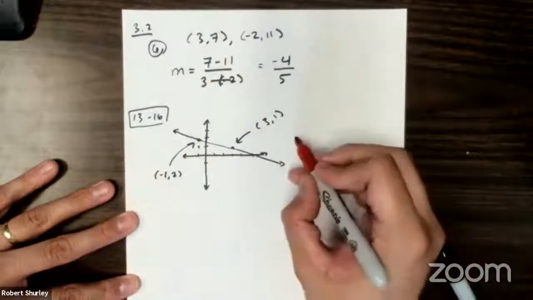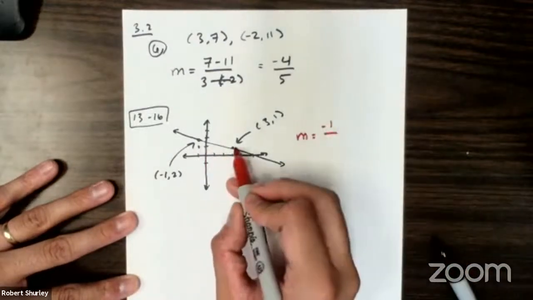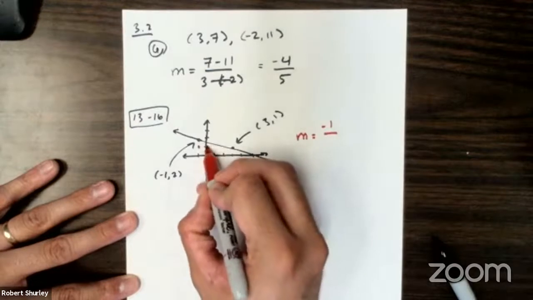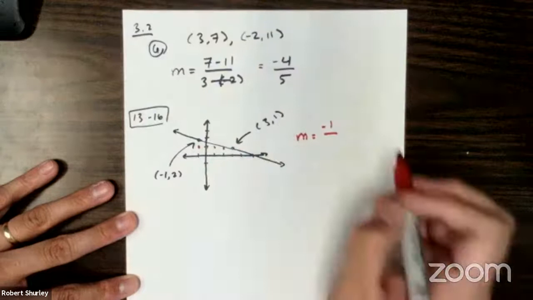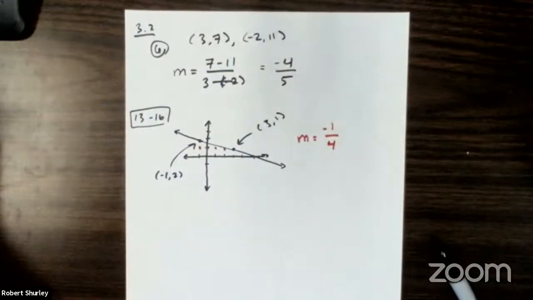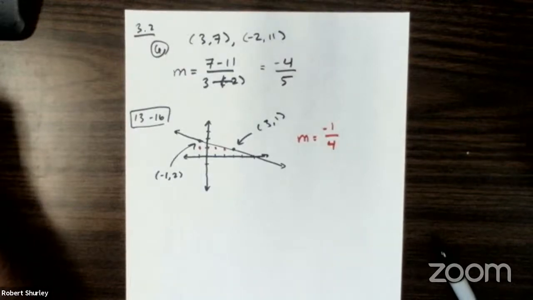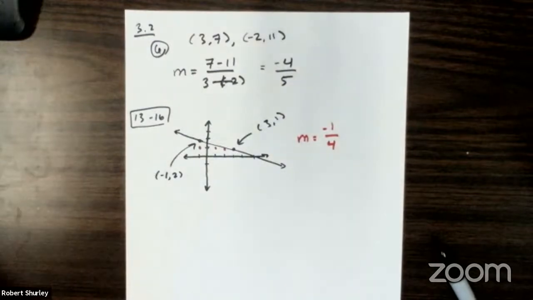That's going to be my rise. And my run's going to be, well, 1, 2, 3, 4. It's going to take me 4 units to get to the next coordinate. So my slope is -1/4, because I went down 1 and then to the right 4 units.